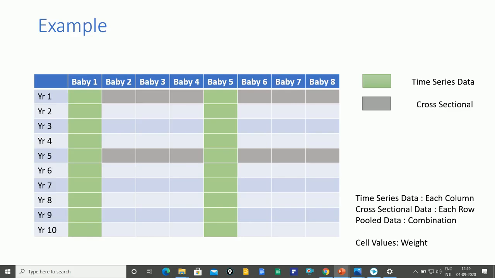So data on more than one variable collected at the same point in time. So here the time point is same, that is who have completed their first year of age. So the combination of rows and columns would be the example of pooled data. So here the pooled data is a combination of time series data and cross-sectional data. So if I consider this total matrix of rows and columns, it will be the example of pooled data.